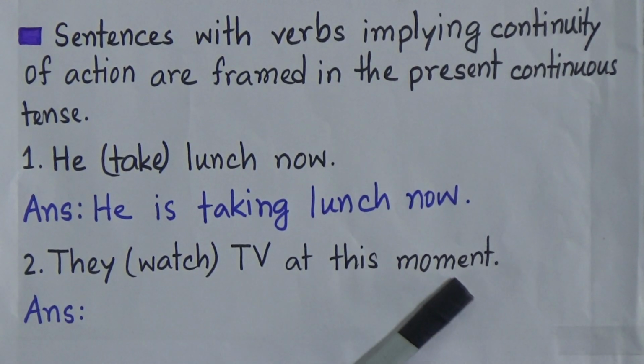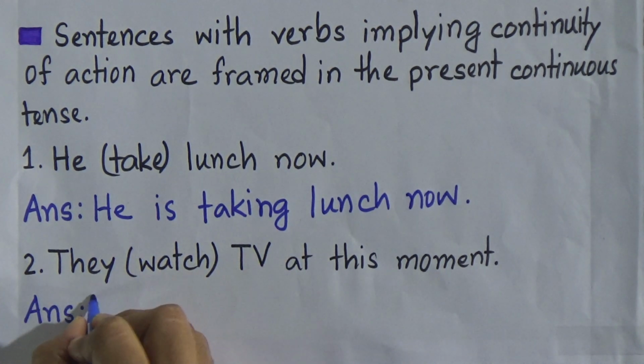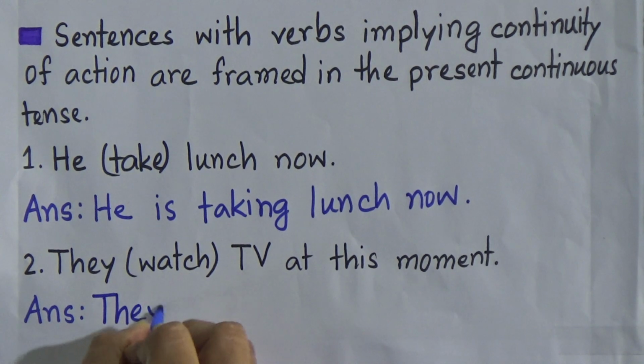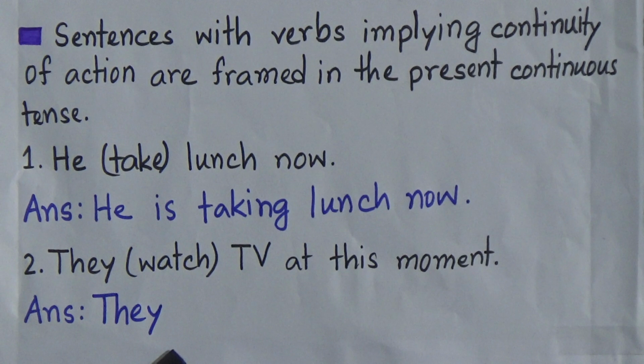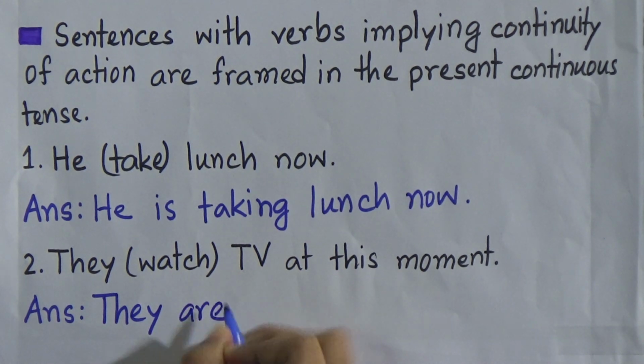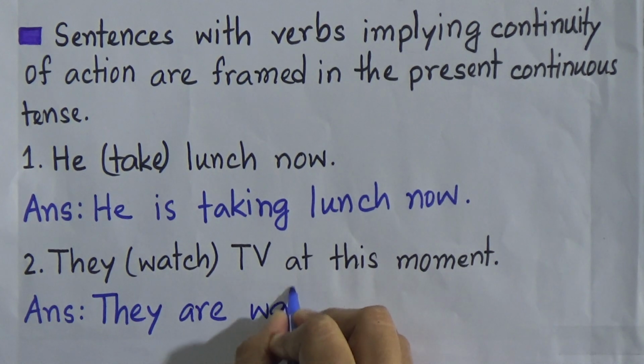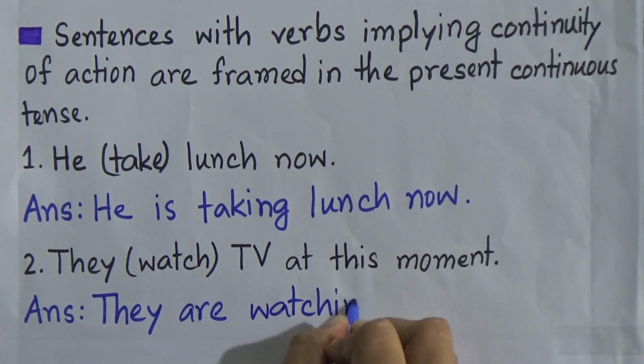Now number 2, they watch TV at this moment. So now we will write the subject they, and now look, my dear students, they is plural, so the to be verb will be are. They are, and now we will write the verb along with ing, and there is watch, so here it will be watching.